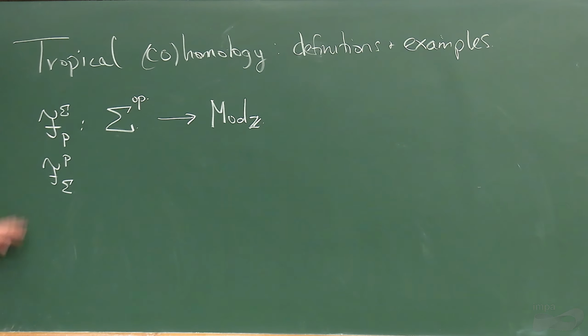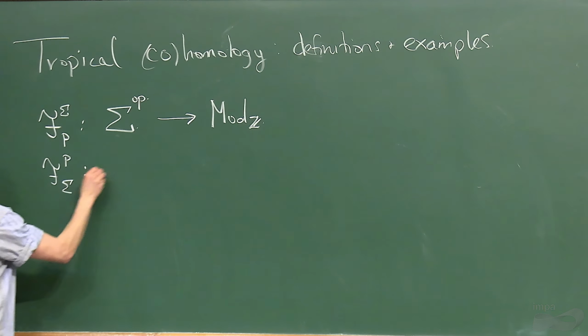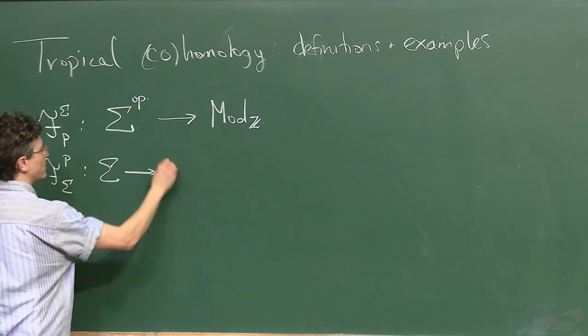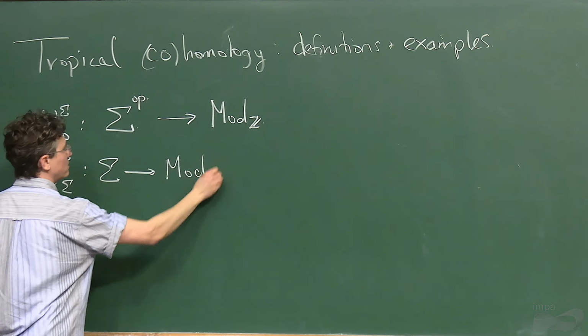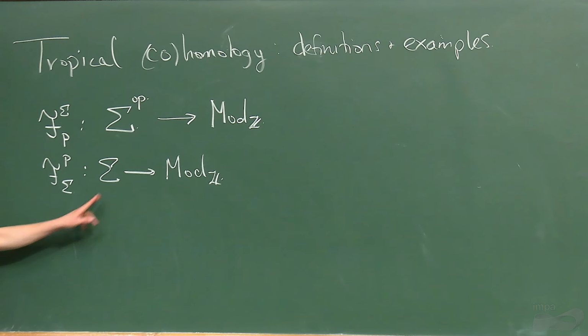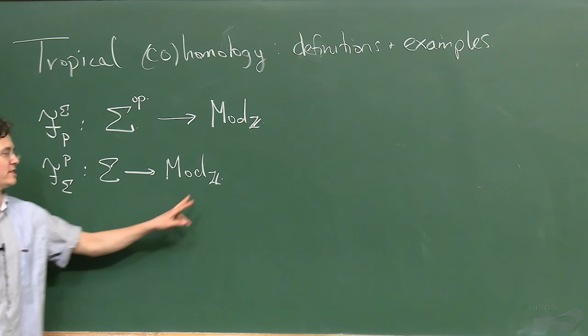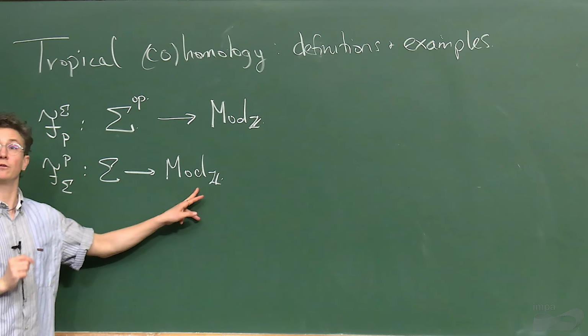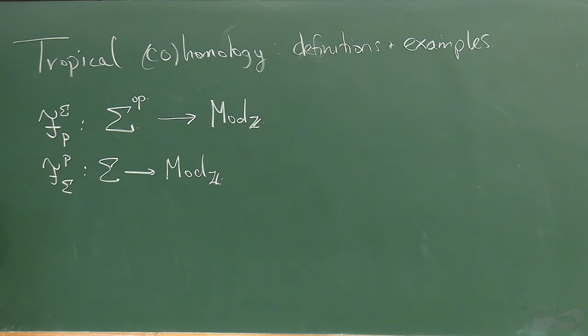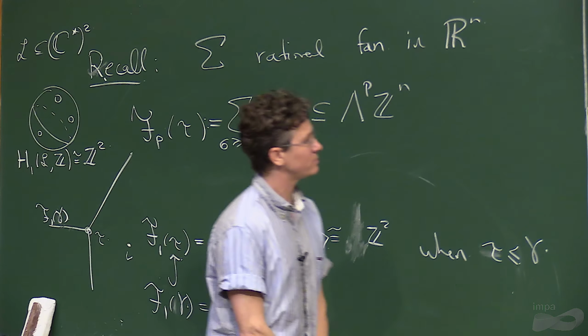And recall we define these to be the dual of these Z modules. So we get a functor from sigma to Z modules where now the arrows, the inclusions in the fan, are in the same direction as the inclusions that we get. Or not inclusions, actually, but the maps dualizing these inclusions.